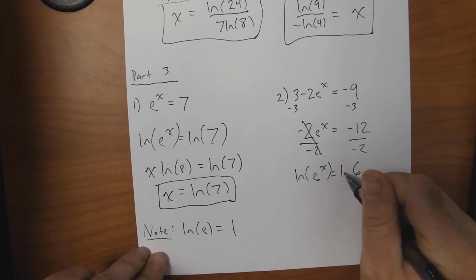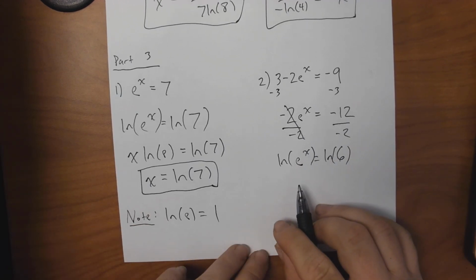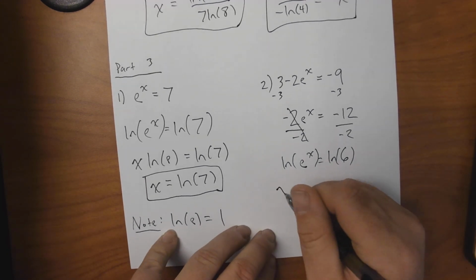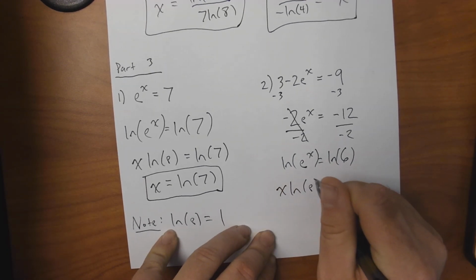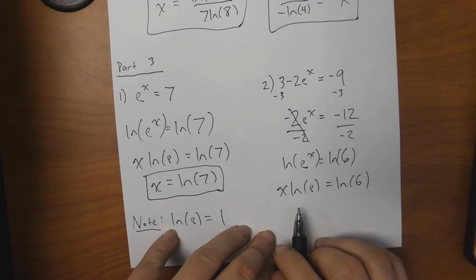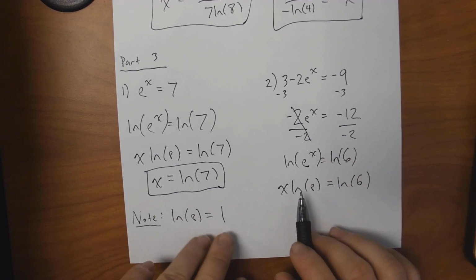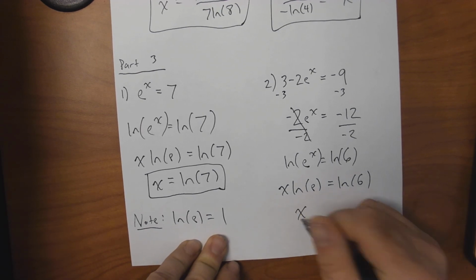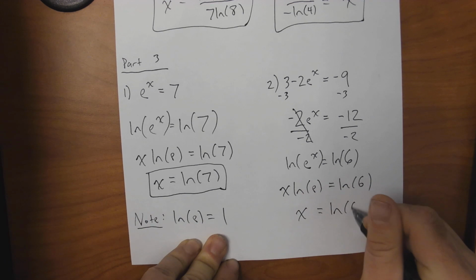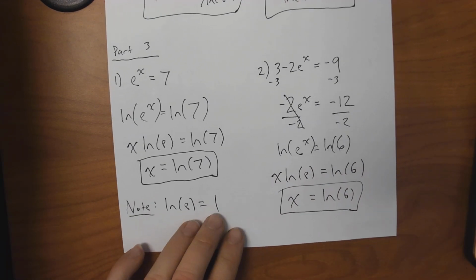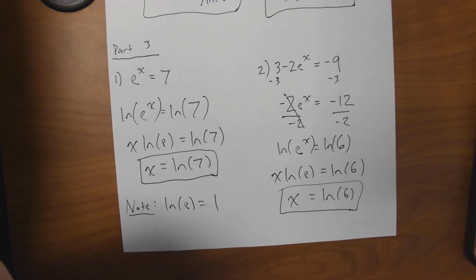Natural log the left, natural log the right. And then remember, I could pull the power out front. Now remember, natural log of e just equals 1. So when I have x times natural log of e, that's the same thing as x times 1, which is just x. And we're done. So if you're using natural logarithms, it makes it a lot easier to solve natural exponentials.